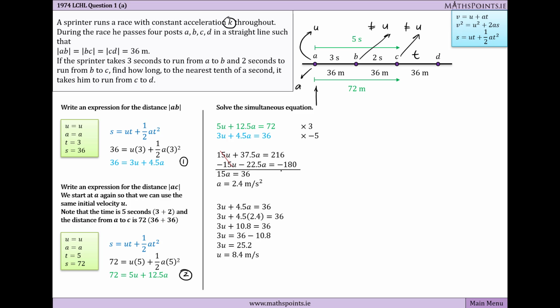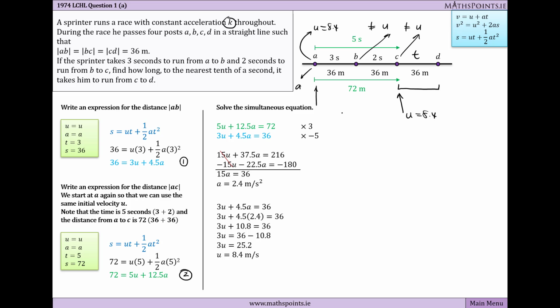For the final part of the question, we've solved for U and A. We want to find the time taken to go from C to D. Again, we can't just take that section of the journey, as U is not equal to 8.4 here. U is equal to 8.4 at the start of the race.